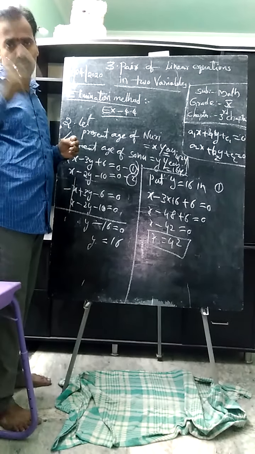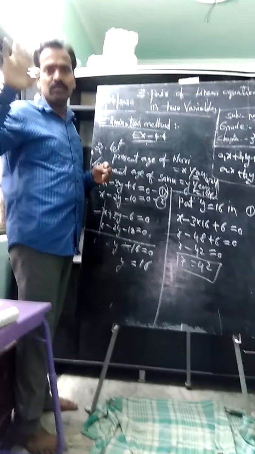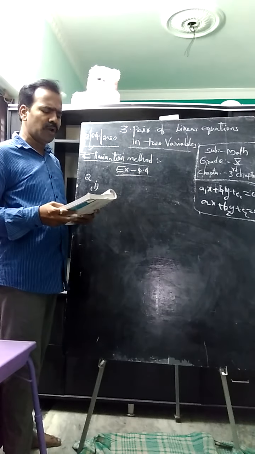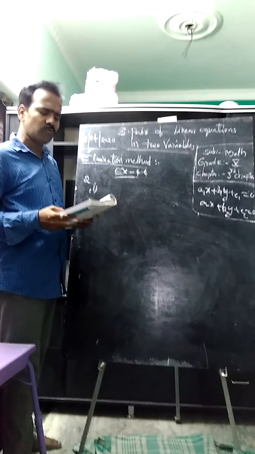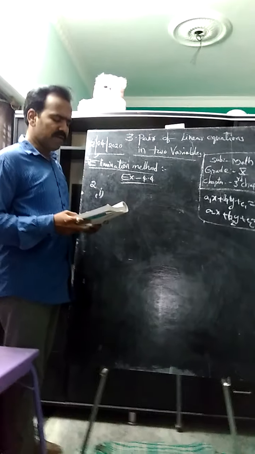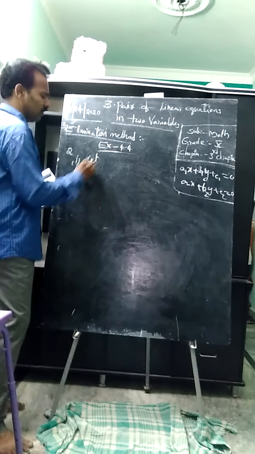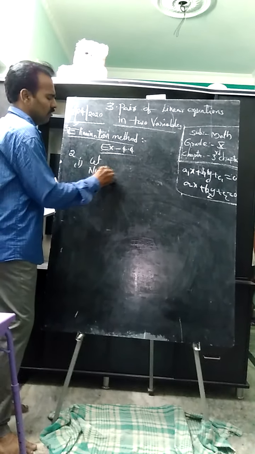We will discuss one more word problem, students. We'll discuss one more word problem, that is: if we add 1 to the numerator and subtract 1 from the denominator, a fraction reduces to 1. We don't know what is the numerator and what is the denominator.